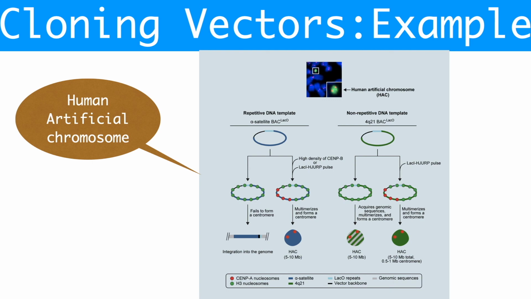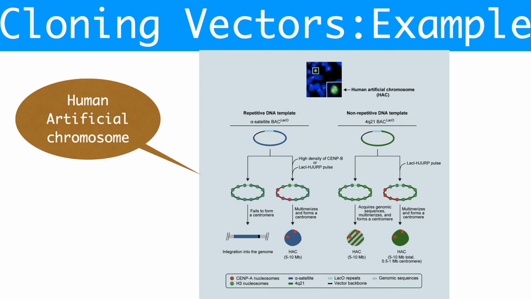HACs have been used to treat human disease and for the production of some therapeutic products. HAC also acts as a recombination agent, meaning we can introduce the desired fragment of DNA or gene into the human artificial chromosome and clone our gene of interest into the human cell.